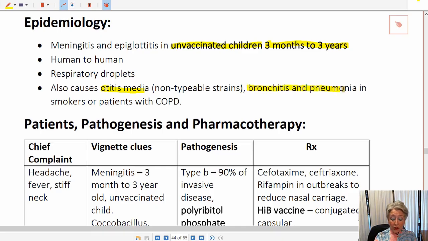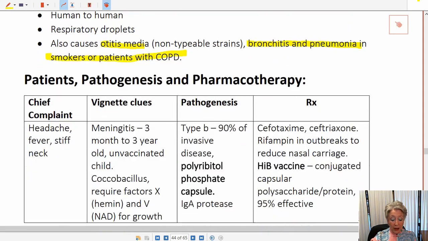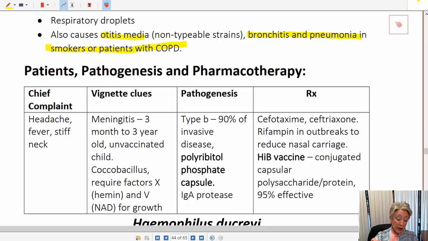So bronchitis and pneumonia in smokers or patients with COPD also are from the normal strains that we have in the vaccine. Now, as far as meningitis is concerned, headache, fever, stiff neck, remember with meningitis, we always first consider the age. So 3 months to 3 years of age, an unvaccinated child.